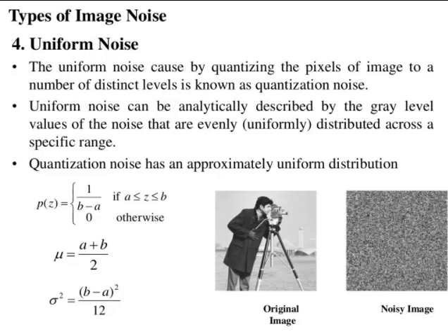We represent the quantization noise as 1 upon b minus a, where z ranges between a and b. The value of mu is equal to a plus b by 2, which is the mean of both. Then sigma square is b minus a whole square upon 12.